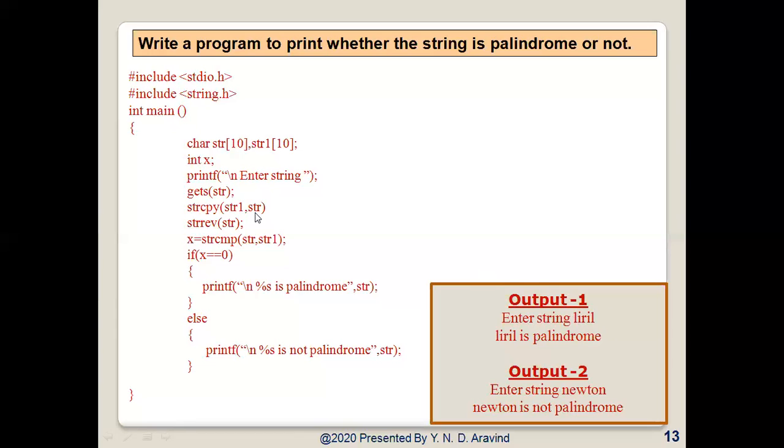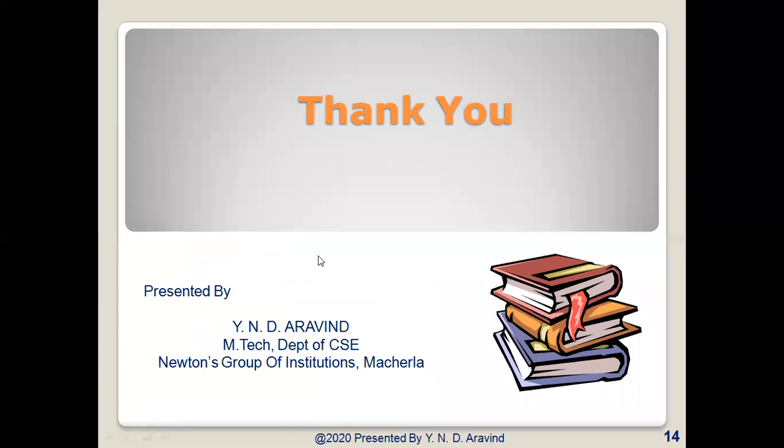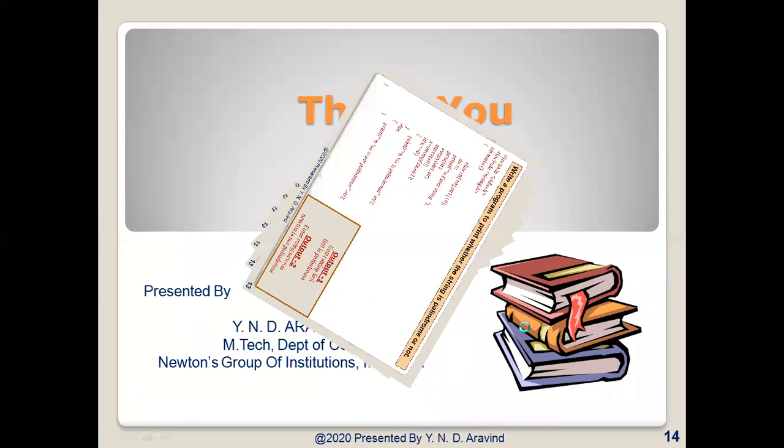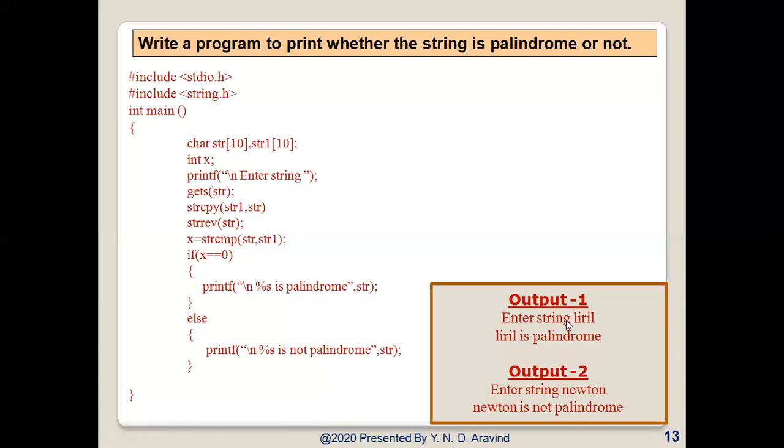So what it will do? It will use string copy, so str is copied to str1. Now I am reversing str. After reversing, str will again contain the same, because from both sides it is liril only.